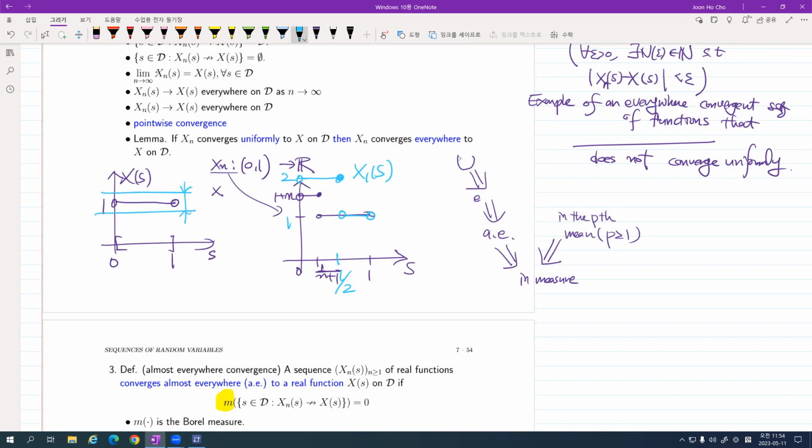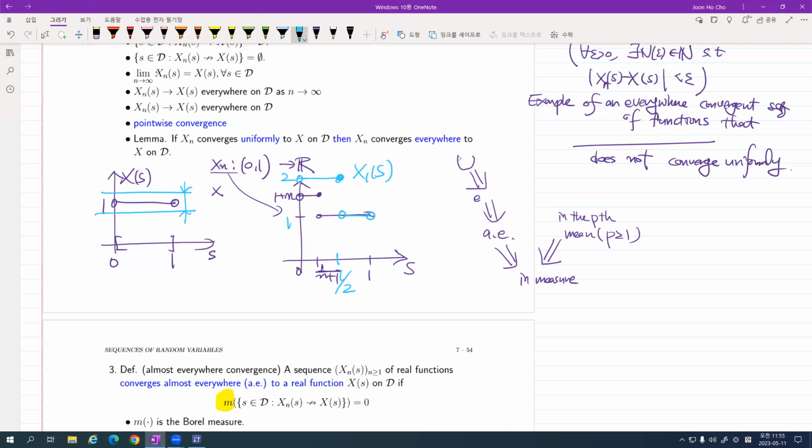And as you see here, you can never find such capital N for every epsilon positive, because even though you have smaller and smaller region on the domain, your function and the target have a difference that is bigger and bigger and bigger. You can never put the error to the function inside this small bound, right? So this example shows that uniform convergence and convergence everywhere are different.